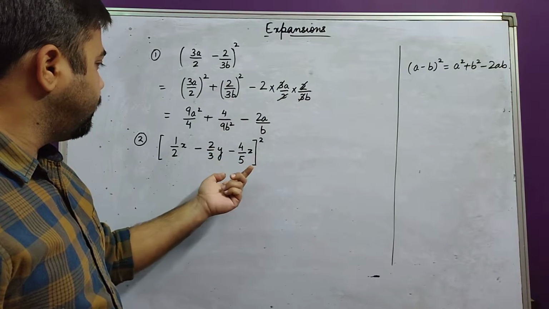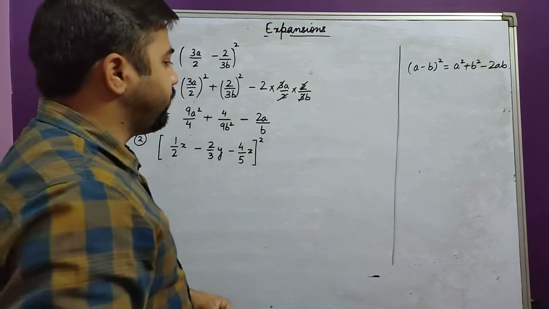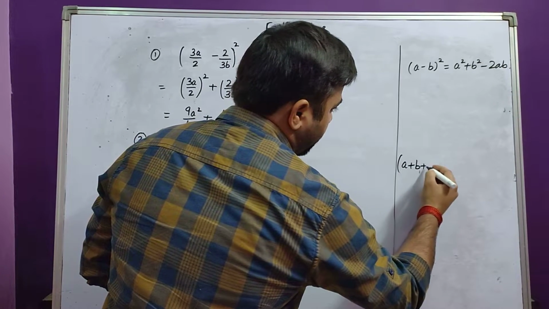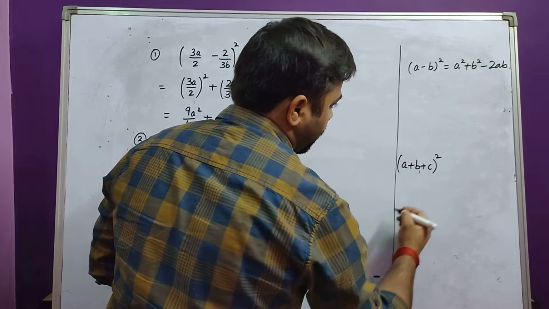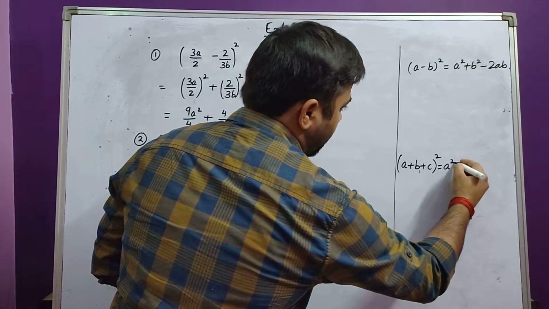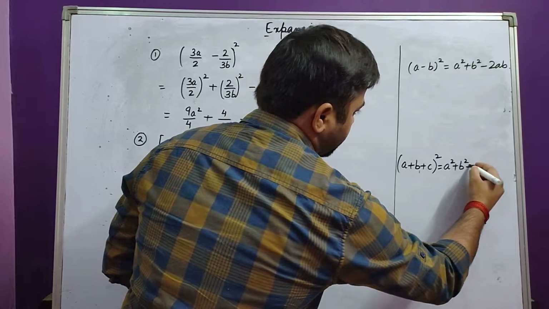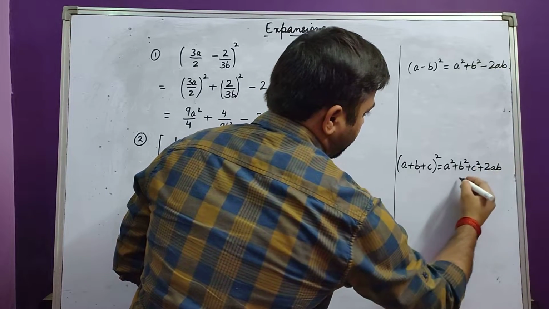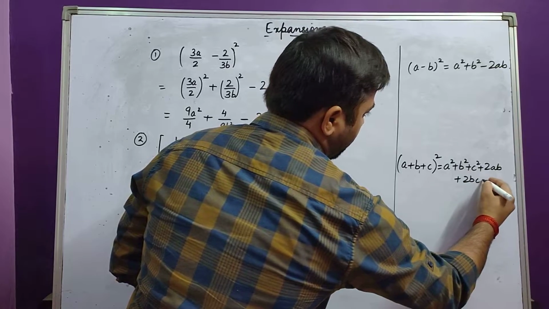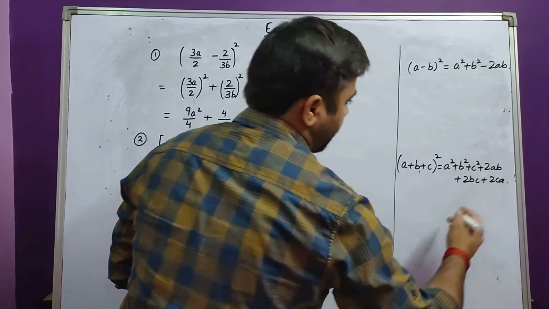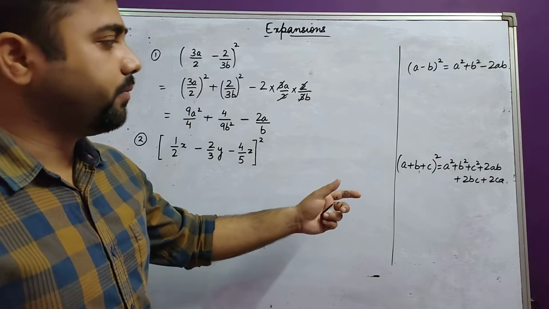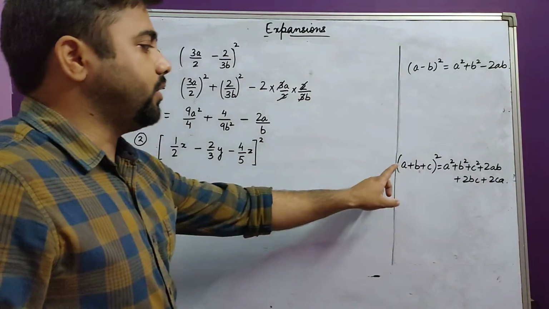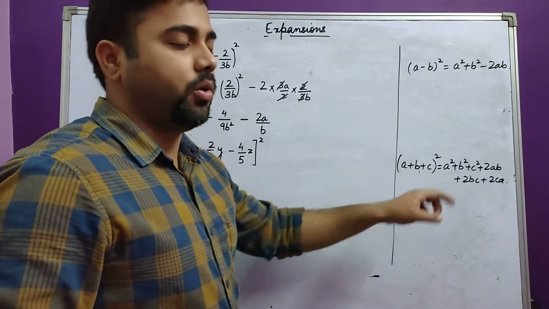For the squaring of the three terms, there is a formula over here: (a + b + c) whole square, which gives you a square plus b square plus c square plus 2ab plus 2bc plus 2ca. We are going to apply this formula over here. Okay, this is the first term, second term, third term, whole square.